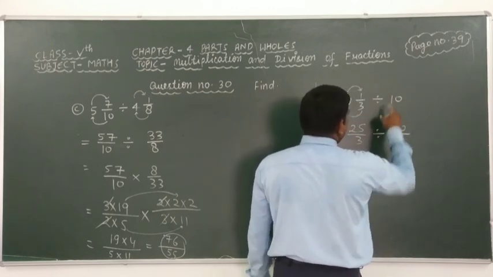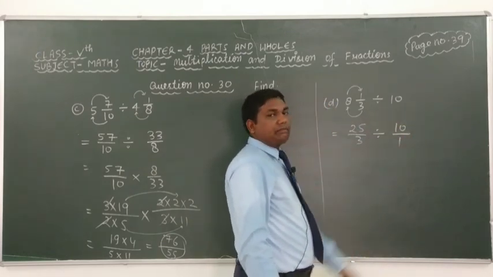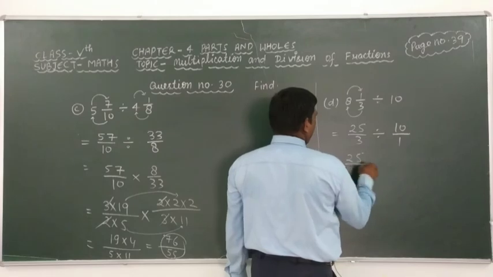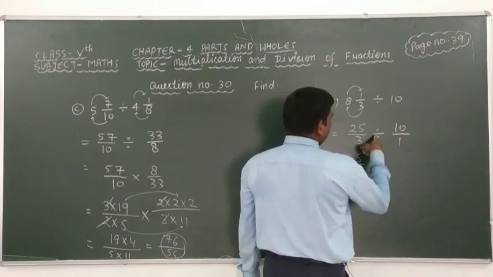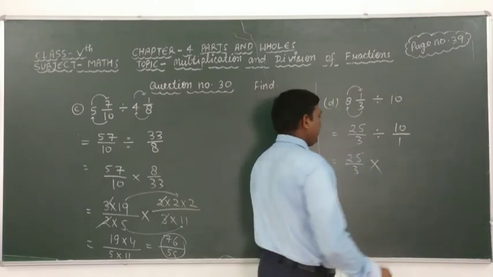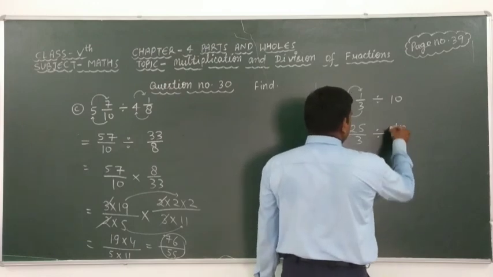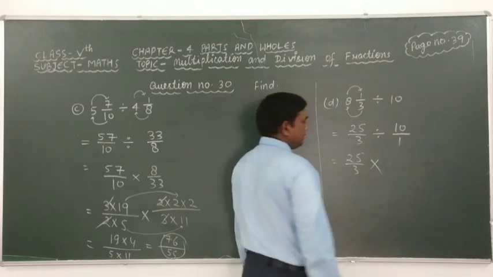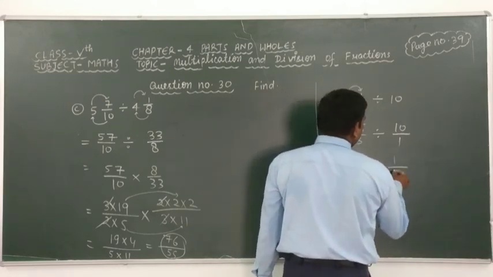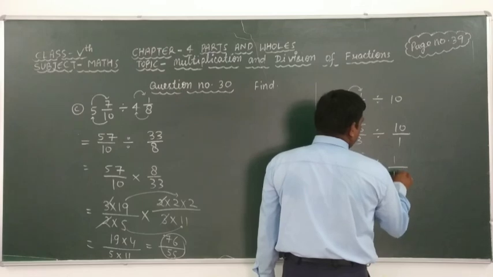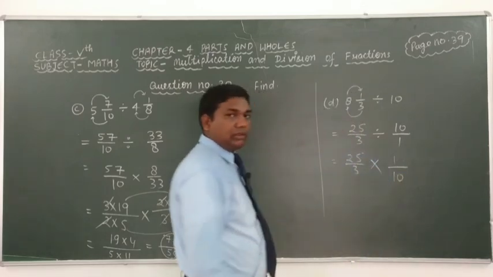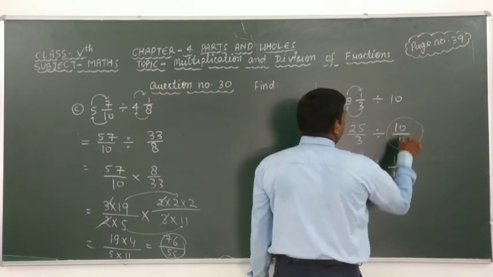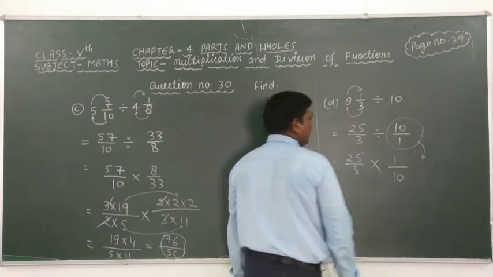Students, here we can write 10 by 1 in place of 10. Okay, if we have to take the multiplication sign in place of division sign, then we can take the reciprocal of 10 by 1. Therefore here we can write 1 over 10. Students, it means that the reciprocal of 10 over 1 is 1 over 10.